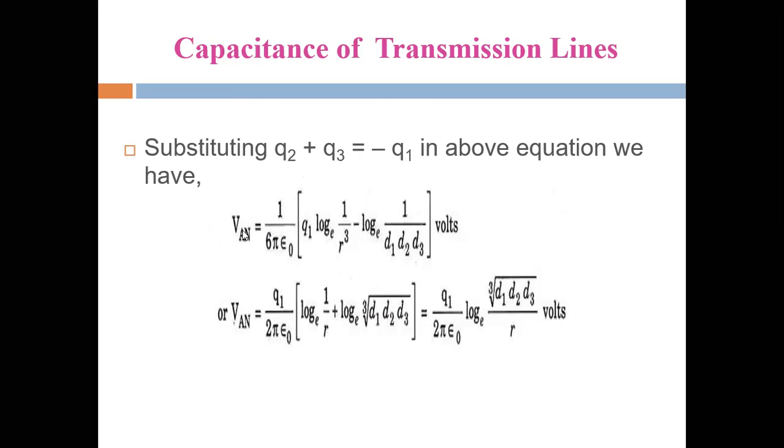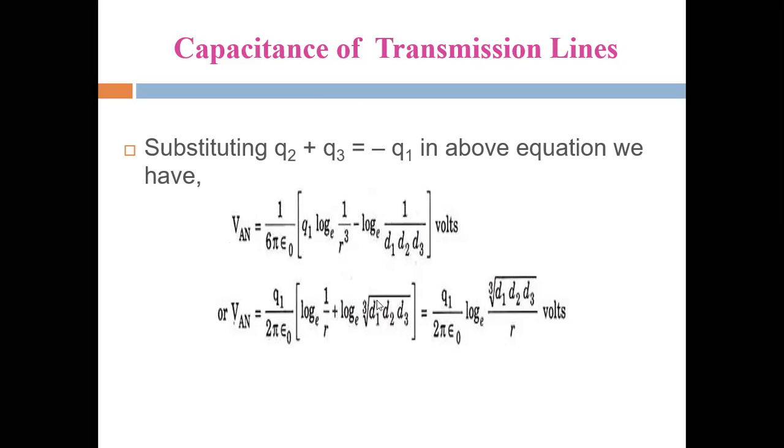Then we obtain VAN is equal to 1 by 6 pi epsilon naught into Q1 log e 1 by r cube minus log e 1 by D1 D2 D3. Then simplify this equation.